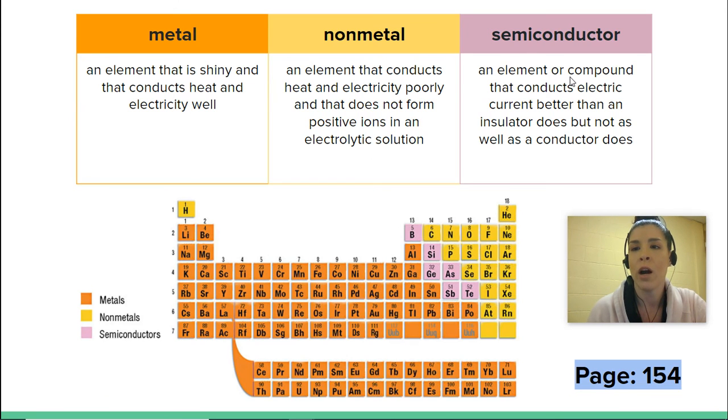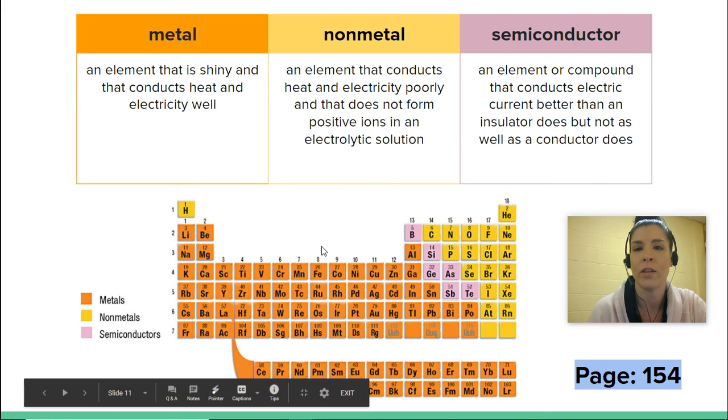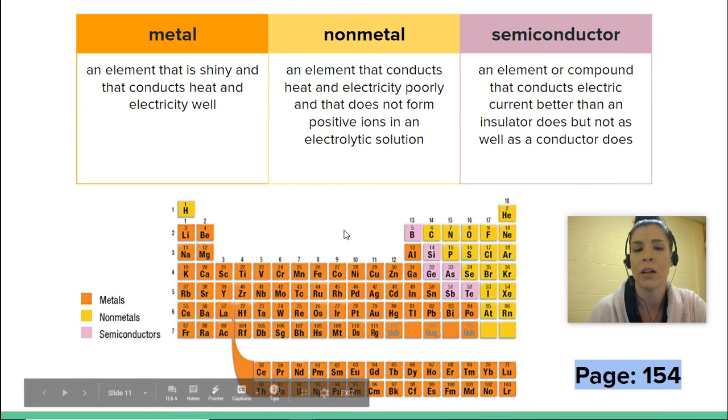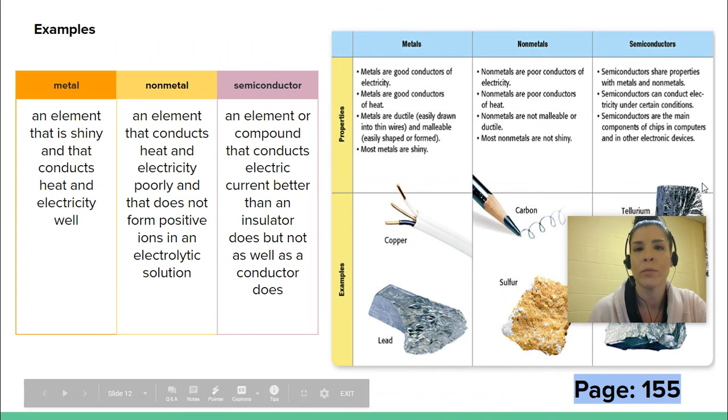Semiconductor, an element or compound that conducts electric current better than an insulator does, but not as well as a conductor does. So here is how you can find them on the periodic table, and I tried to color coordinate them as well so that you'll know exactly where to look for them.